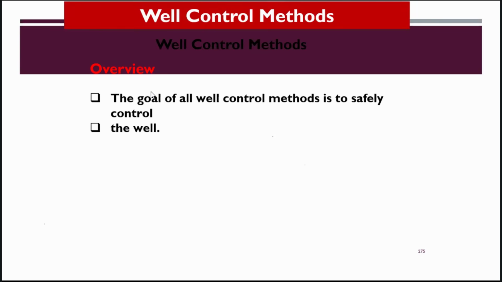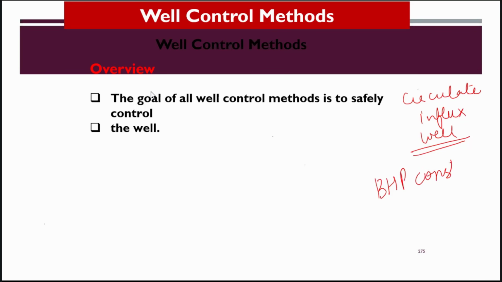What is the goal of this well control method? We have to circulate the influx out of the well. But while circulating the influx out, we have to maintain our bottom hole pressure constant. The main idea is to maintain bottom hole pressure constant.